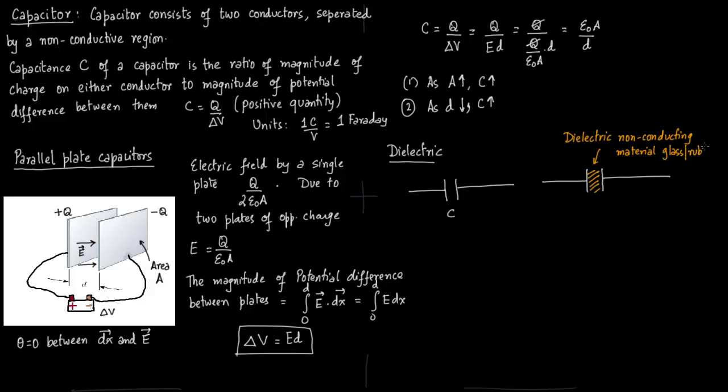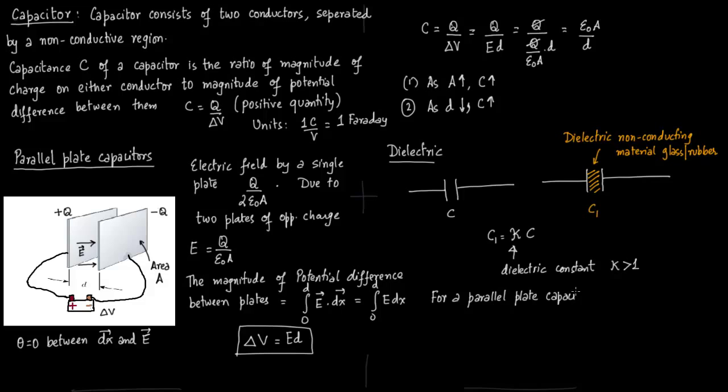Now this dielectric will increase the capacitance. So now C1 would be kappa times C, and this kappa is called the dielectric constant. This dielectric constant is always greater than 1. When it is 1, there is no dielectric, it is just air.